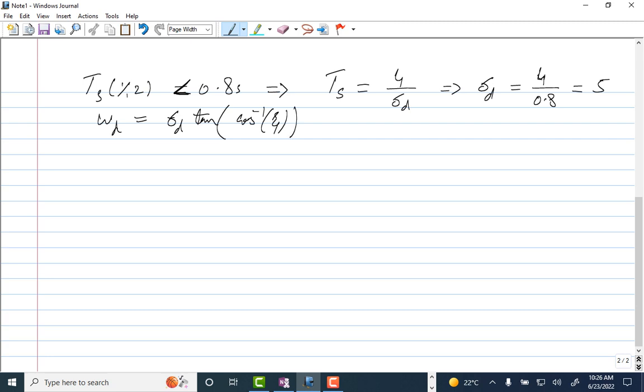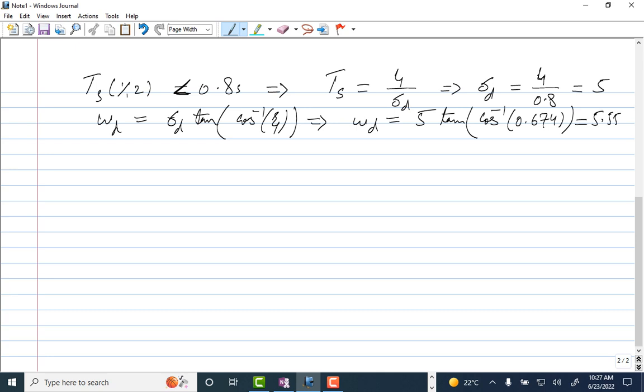So omega d is equal to 5 times tan of cos inverse of zeta, where the zeta value was 0.674. When I solve this, it becomes 5.55.